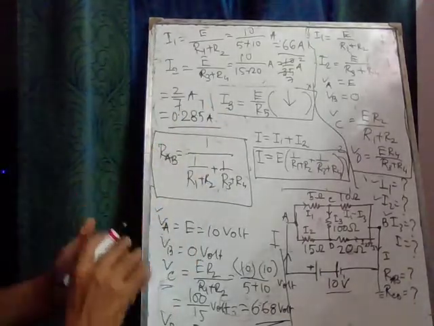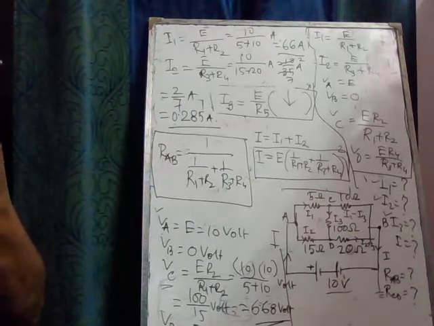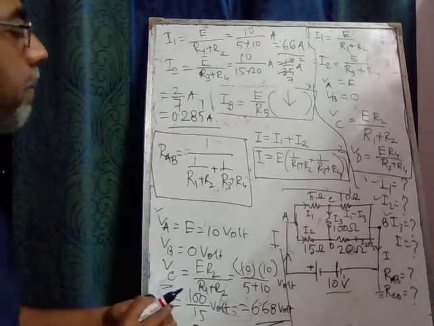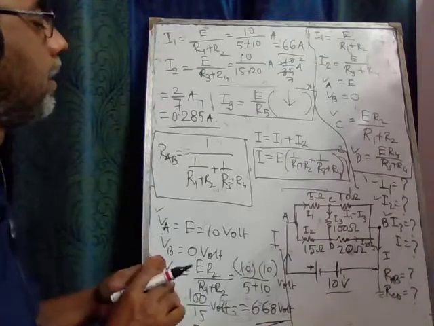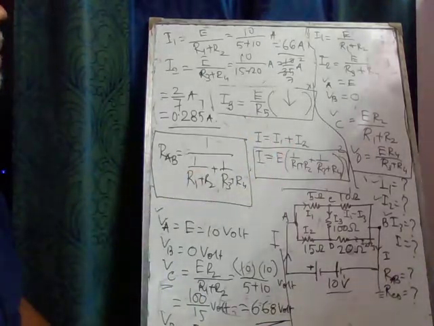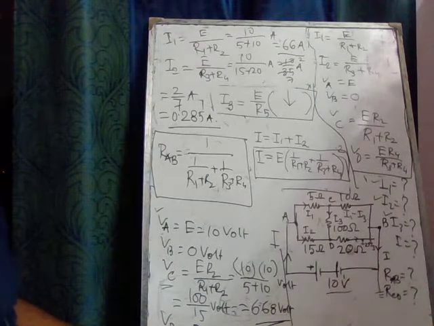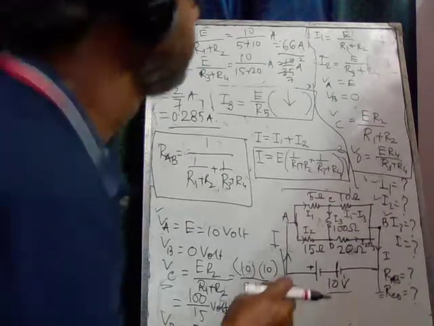Clear? So we got I1, I2, and now we can have the total current I, which is the sum of the individual branch currents I1 and I2. So we have all the results.